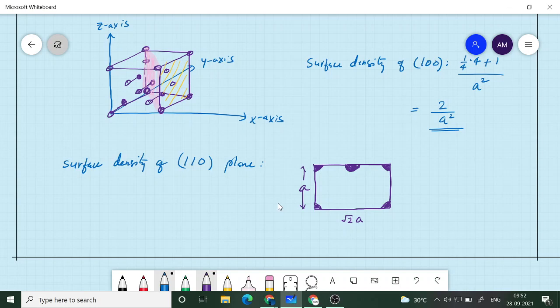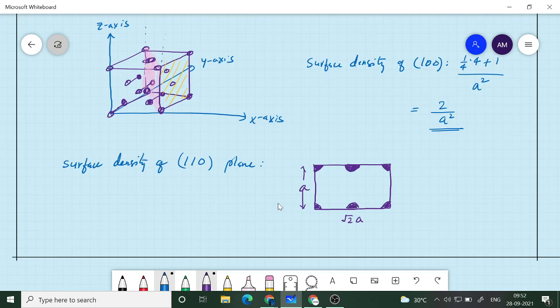The way I have drawn it is not very clear. This atom is along the diagonal, the top surface atom, so half will be there, and half will be shared by the area going to the next rectangle. And similarly there is one at the bottom also. Here this atom also will be there.